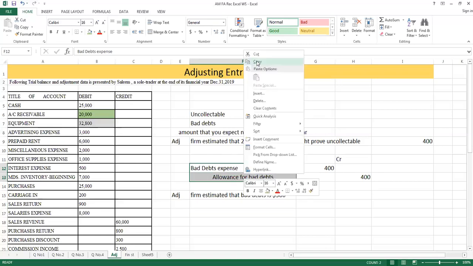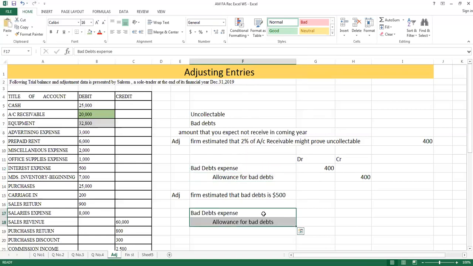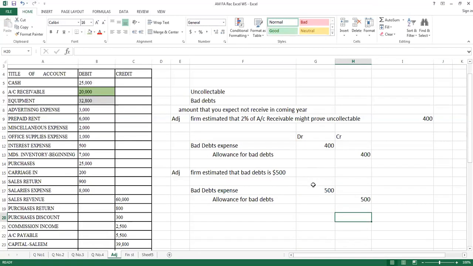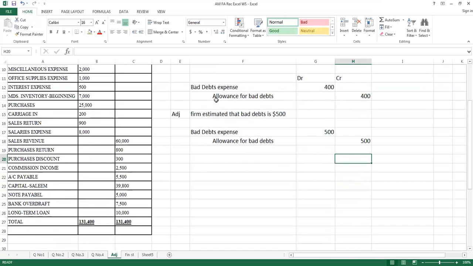Take the same debit credit title that you established here and now pass the entry by 500. So if you are preparing an entry for bad debts, you need to take care that bad debts expense debit and allowance for bad debts credit.